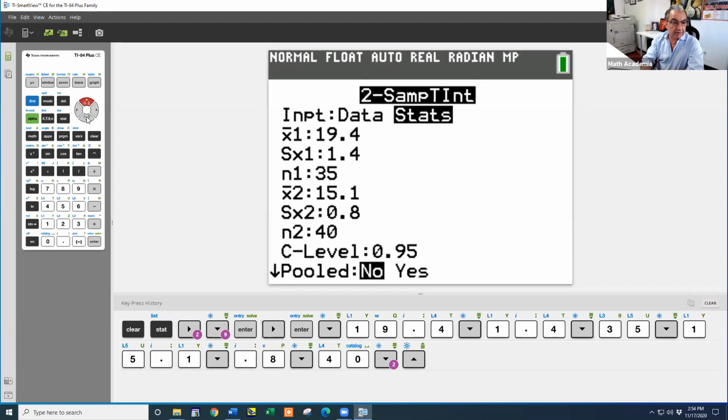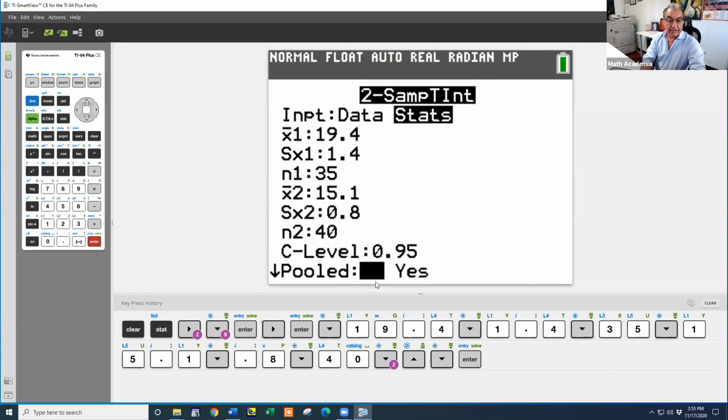So we're good here. Again, pooled is no, so you enter that. And let me just double check the givens: 19.4, 35, 1.4, and we have x bar 2 is 15.1, S is 0.8, and n is 40.